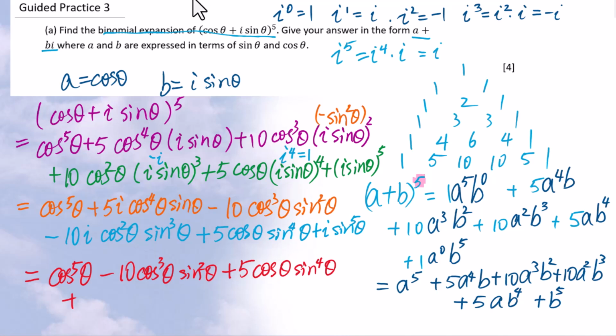Then let's work out the imaginary part: 5 cos^4 θ sin θ minus 10 cos^2 θ sin^3 θ plus sin^5 θ, times i.